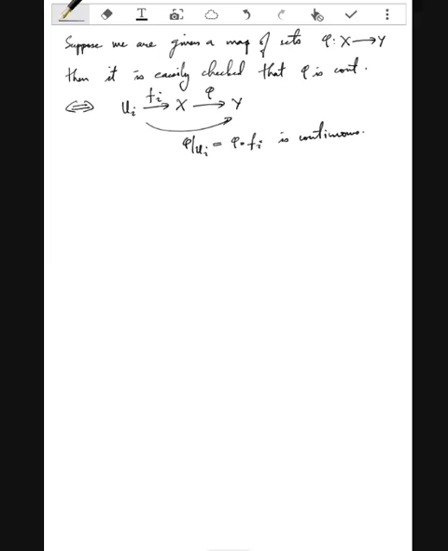Okay, so this brings us to an end of gluing for topological spaces.